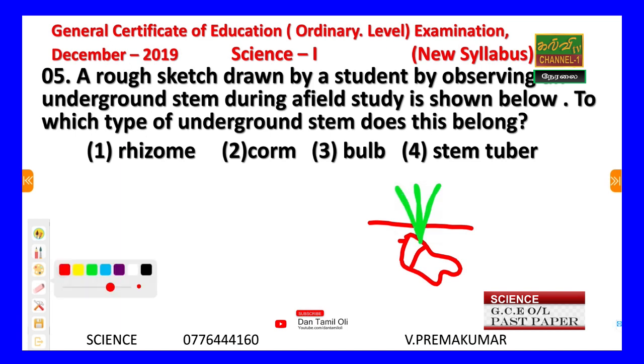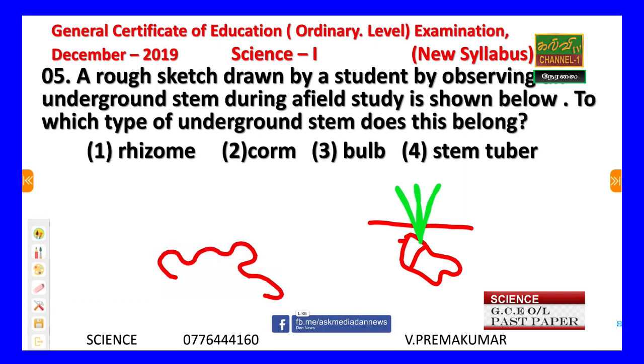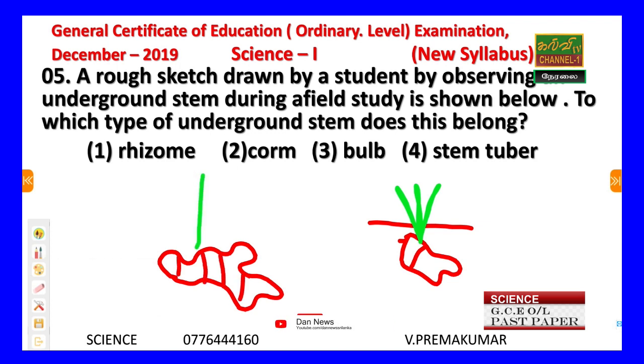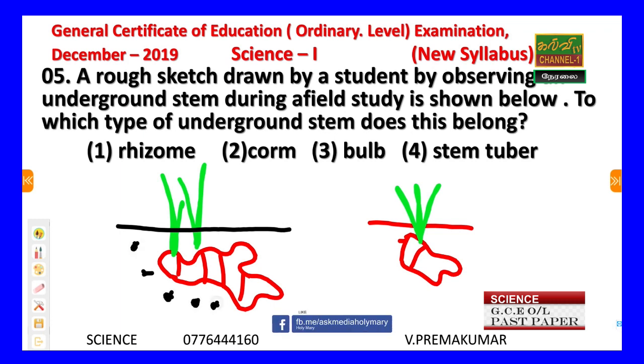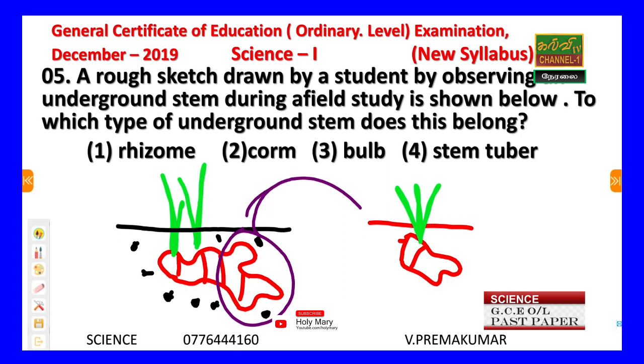So how do we get this? We already studied. This plant has grown like this, an underground stem, here is the soil. We took a small piece of this and planted it again. It gave a new plant.